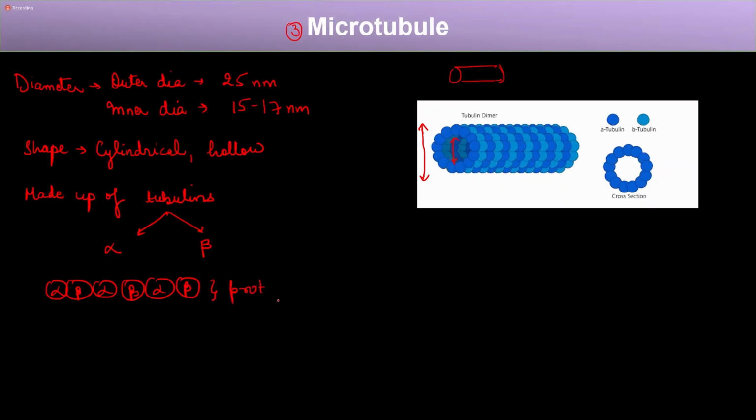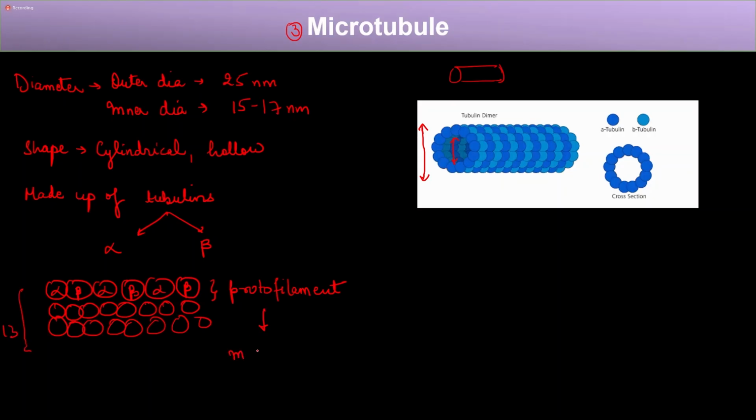This is known as protofilament. And 13 such protofilaments make a microtubule. So 13 protofilaments together, they roll and make a microtubule.